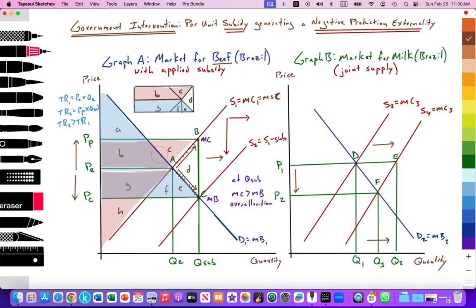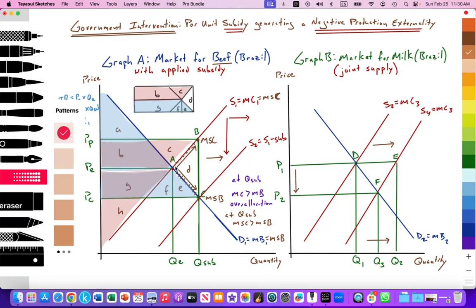Here I can state this is marginal social cost at point B, greater than marginal social benefit at point C. So we can see that the government has subsidized a negative production externality. At Q sub, marginal social cost is greater than marginal social benefit. The government is subsidizing a negative production externality, which we see in this triangular area here.